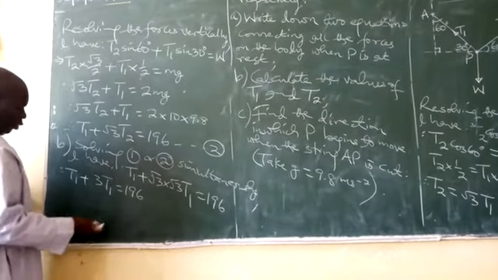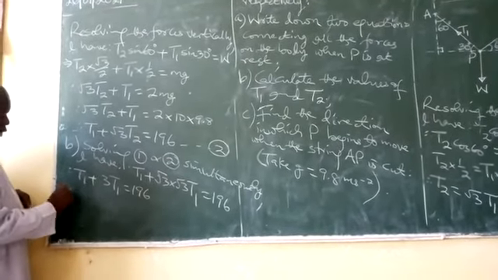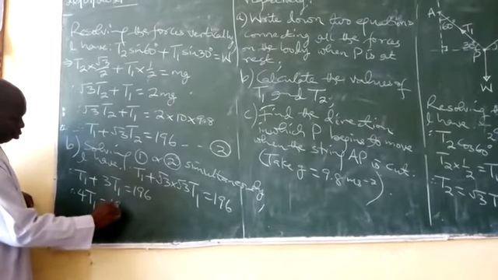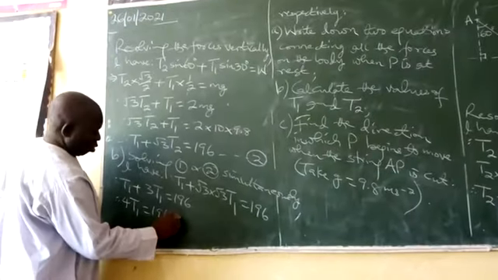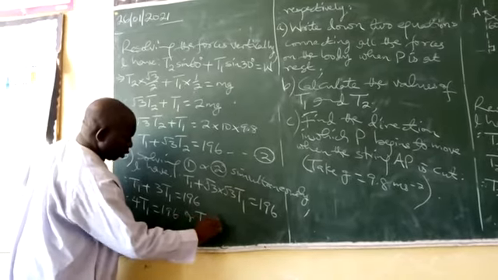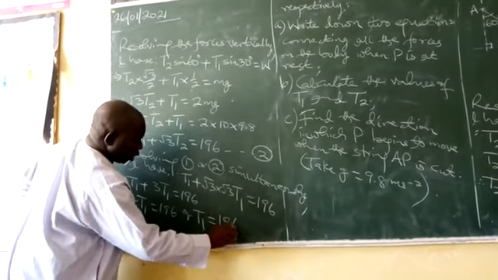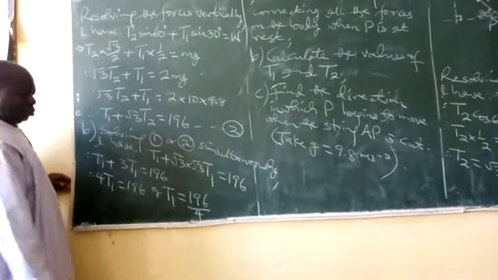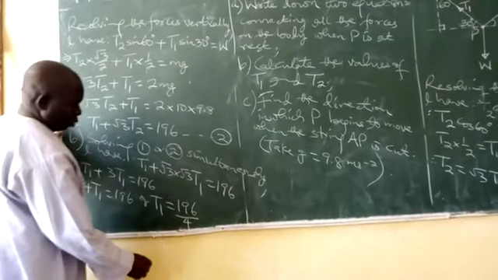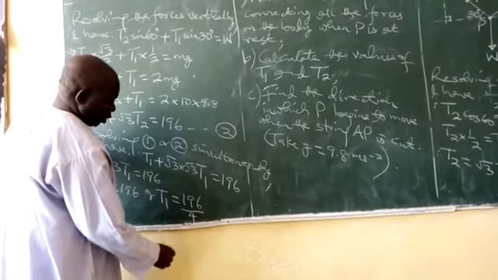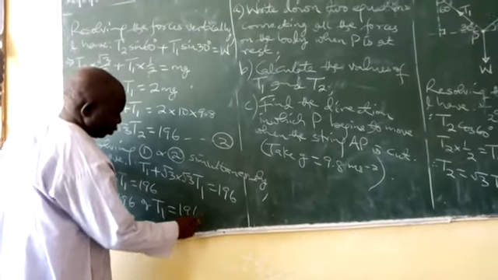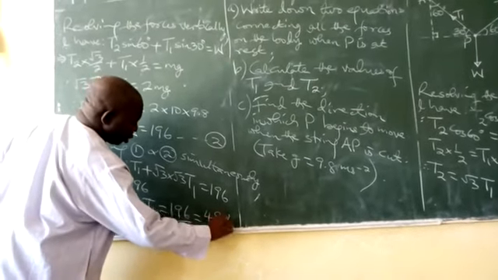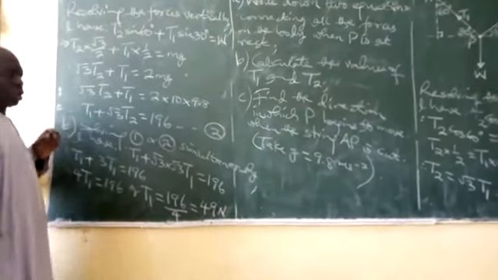So 4 T1 is equal to 196, or T1 is equal to 196 over 4, which is 49 Newtons.